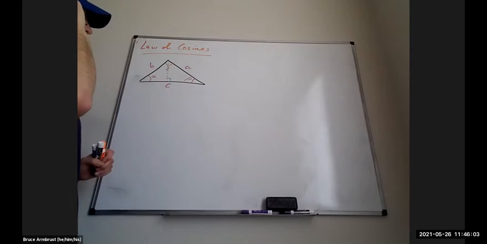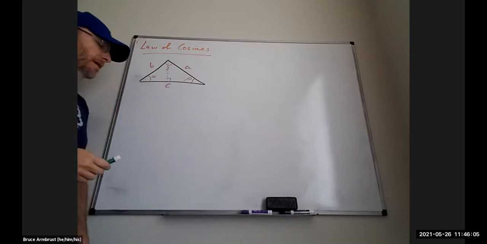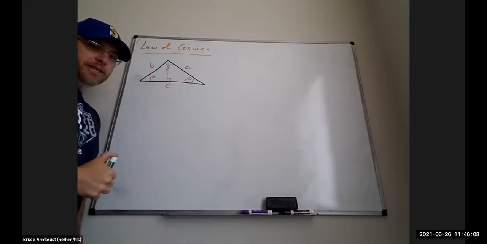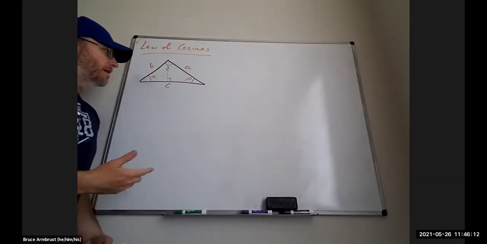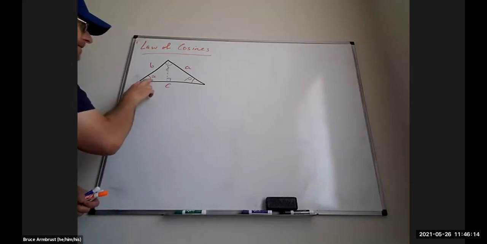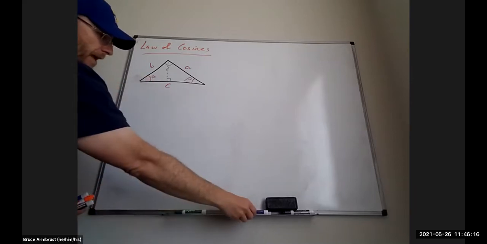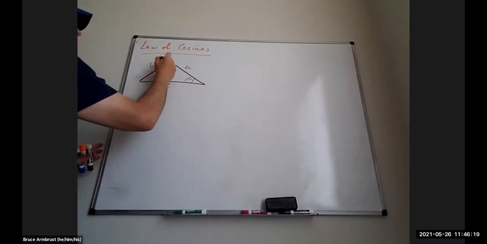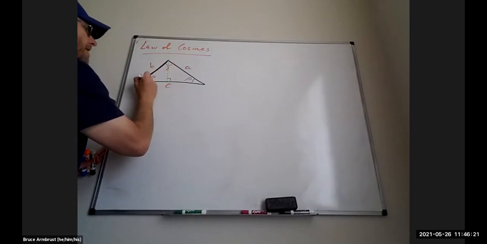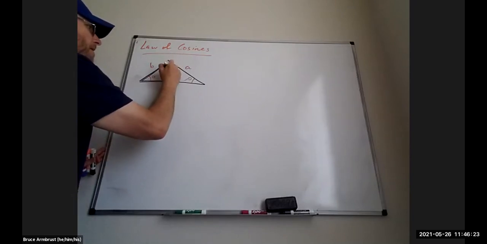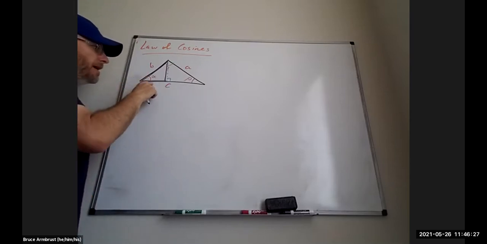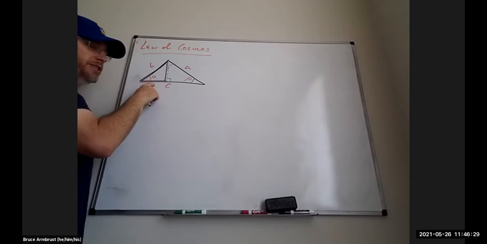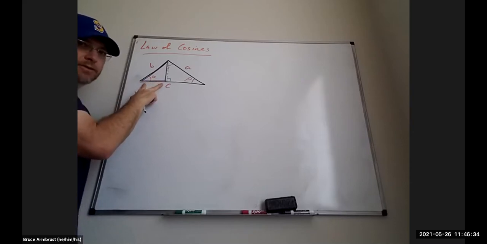So this is a right triangle. But this time, instead of looking at the sines of these angles, we're going to look at the cosines of these angles. So for example, let's look at alpha. Now, alpha is part of a smaller triangle. Let me kind of highlight it here in purple. And if I want to know the cosine of alpha, I need to know this adjacent side. But this purple length, I don't know what it is.